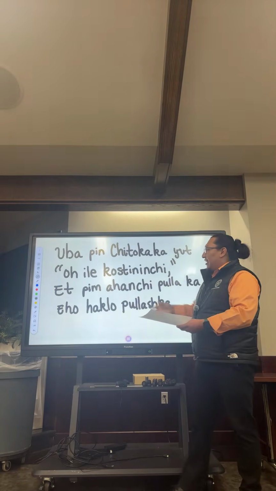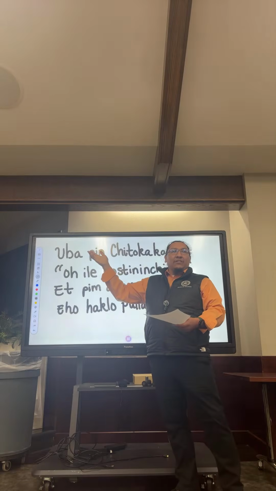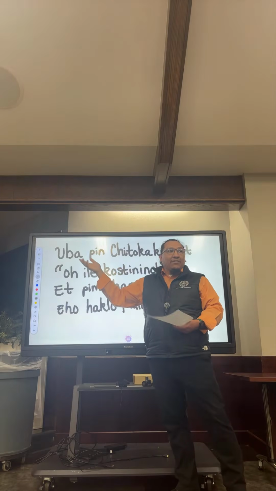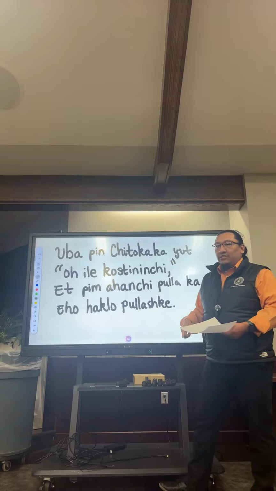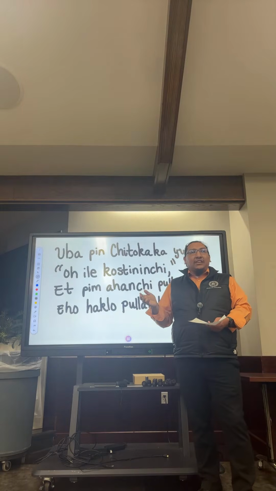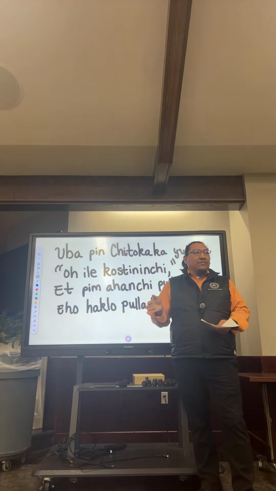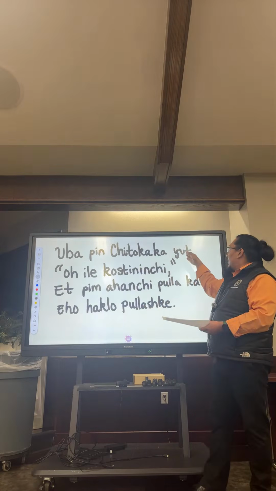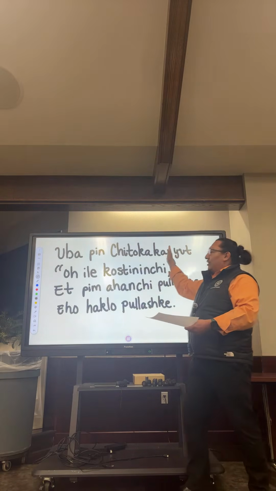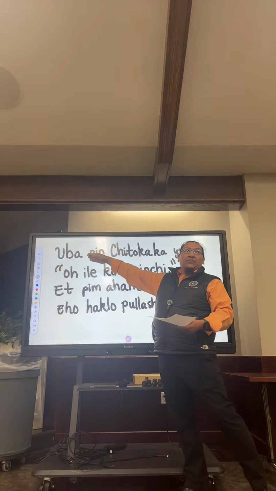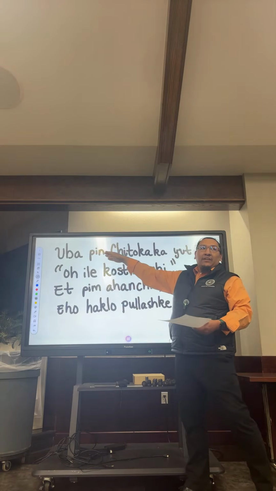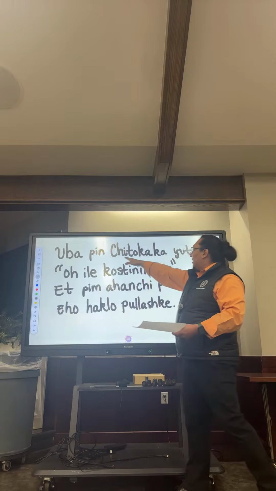Okay, so we just learned that Abba means up or heaven. It can also mean like heavenly, I guess. I don't know if you guys remember last time whenever I talked about subject markers, if we have a subject marker, which is like right here, everything in front of it is being described as the noun. And so Abba pin chitokaka yet.